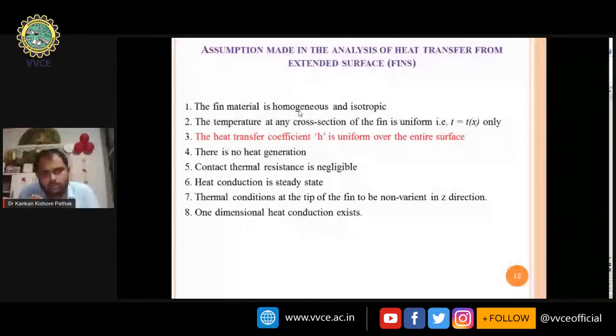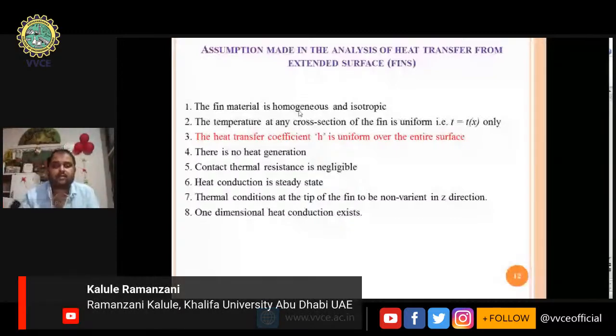Now, point number 3 says that the heat transfer coefficient h is uniform over the entire surface. In the analytical method, this is a very basic assumption: in analytical studies people always consider that the heat transfer coefficient is uniform over the entire surface.